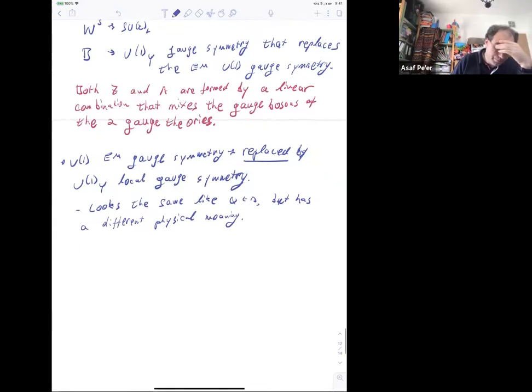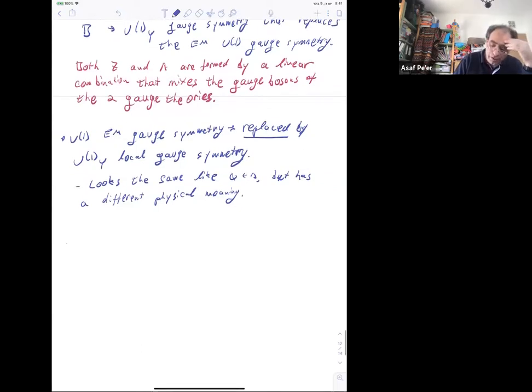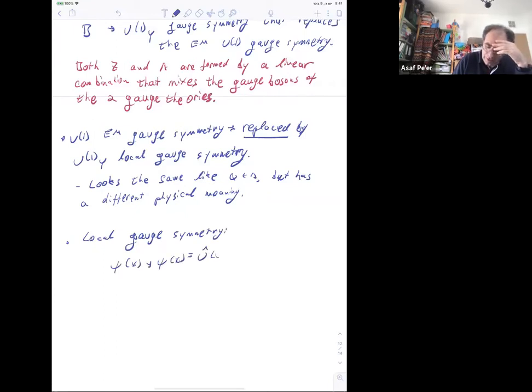So the local gauge symmetry would look like, and let me write it down. Psi of x would go to e to the i, and then the coupling constant is g prime.